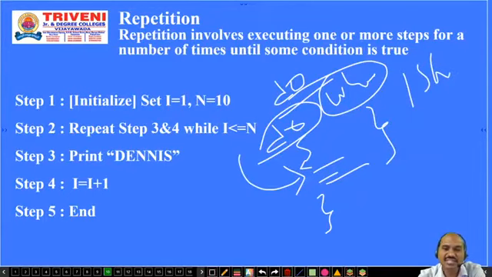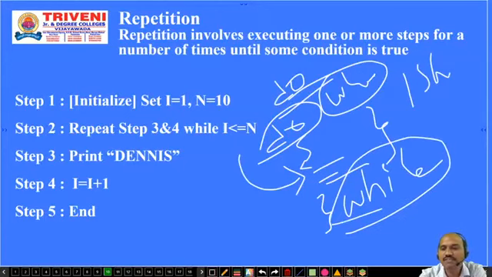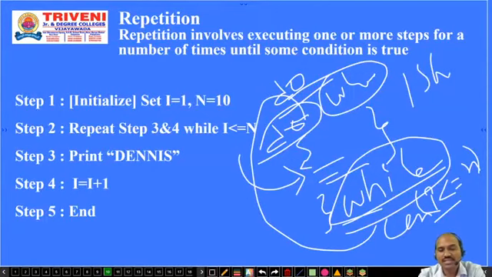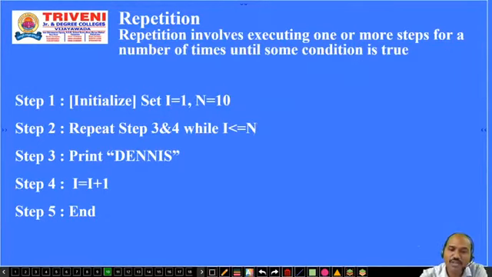After completion of the statement, we go to the while statement, which is executed with the condition I less than equals to n. If the condition is true, we enter the loop again. If the condition is false, the loop exits. So this is the do while.